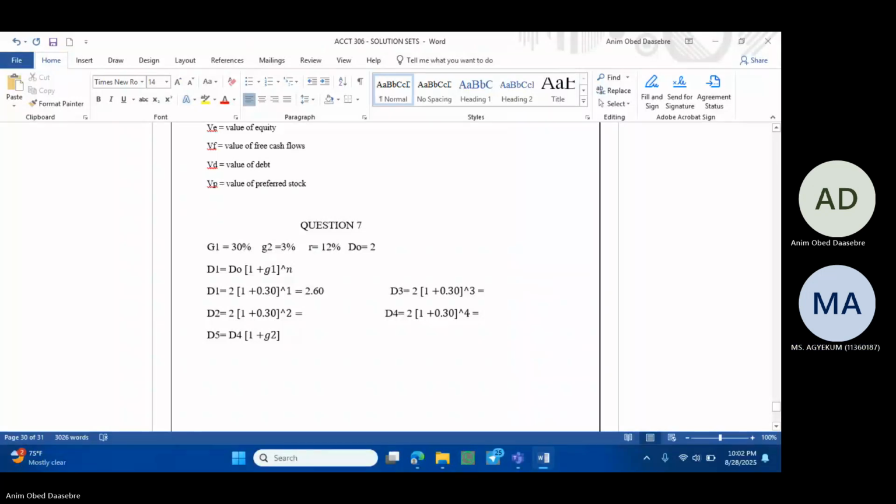And D2 is 3.38. D3 is 4.394. There is a third decimal figure.